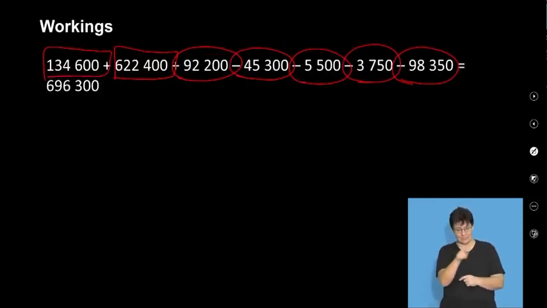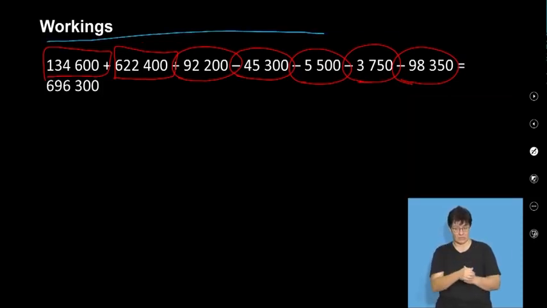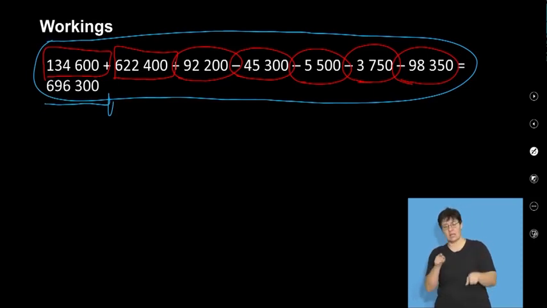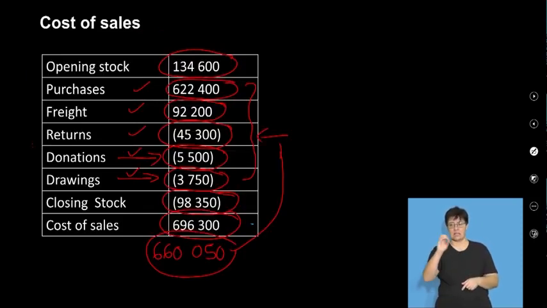Watch. If you are asked to do this calculation in a calculation format, then that is what it will look like. But you will get the same answer, 696,300, and if you're doing your table, there's my 696,300.